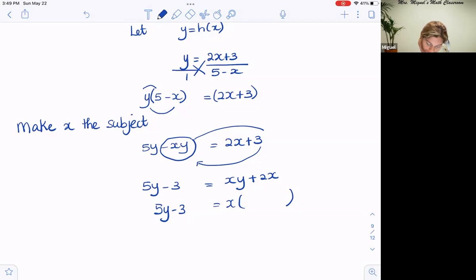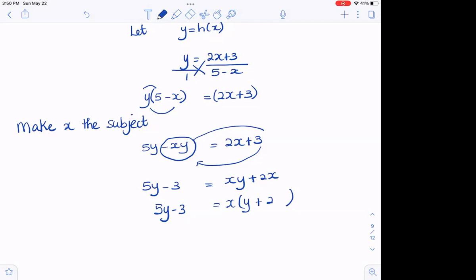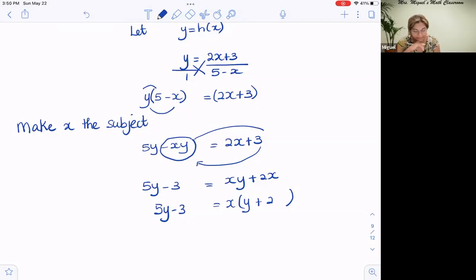All right, so we have y plus 2. Did you all get that? Y plus 2 in the bracket? Yes, miss. Or 2 plus y. It doesn't matter, right? It's the same thing.